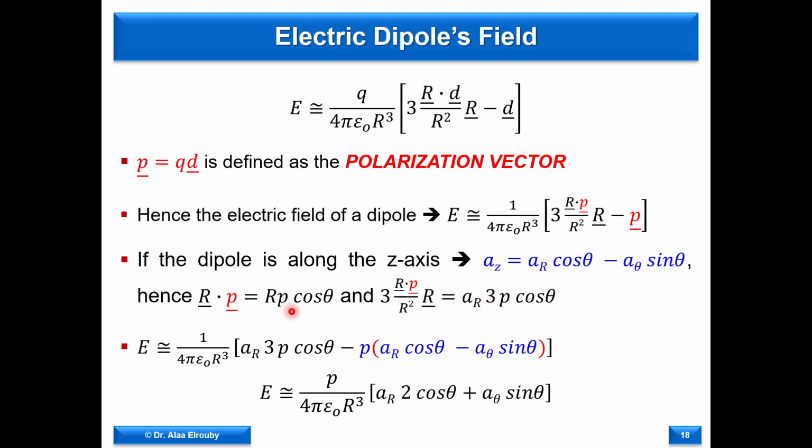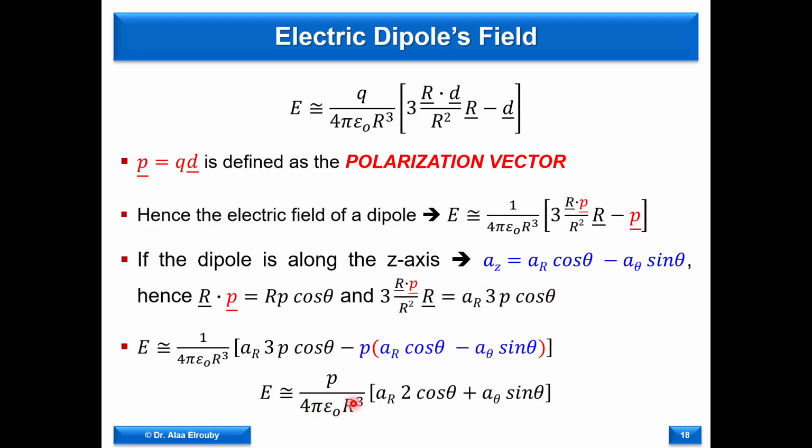Okay, so the dot product here, if we do this part here, it would be AR 3B, the polarization vector, the magnitude, which is QD cosine theta. Theta here is the angle of the observation point, minus B. We know B is in the AZ direction, so just do the math. You don't need to memorize this, but you must be able to reproduce this result yourself.